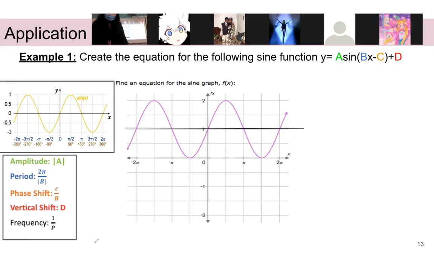So right now we're trying to find A, everyone. I drew a midline, and what you want to do is calculate the distance from the midline to a peak. That's going to be our A. So I look down here at my y-axis. Use your y-axis when you're doing this. I know my midline is at a y value of 1, and a maximum is at a y value of 2.